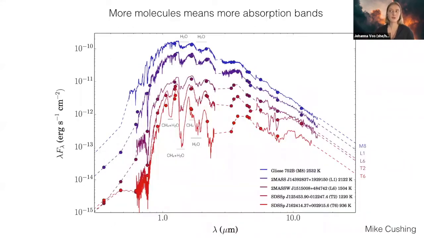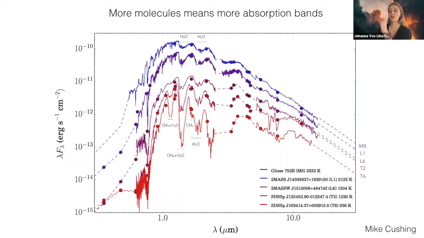But a few really interesting things happen when you allow an atmosphere to cool. The first of which is that molecules start to form in the atmosphere. So here's a bunch of spectra arranged in terms of temperature, with the hottest on top and the coolest on the bottom. For an M8 brown dwarf, you can see that the spectrum looks nearly like a black body, but you can see absorption bands due to H2O there.